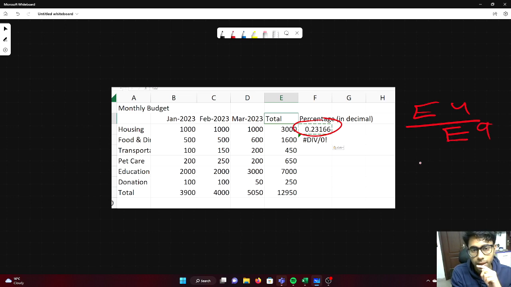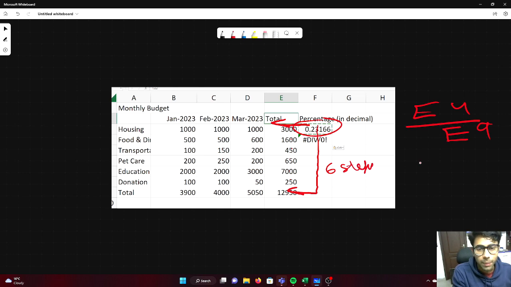So these were relative cell references. I was dividing this cell by a cell that is 1, 2, 3, 4, 5, 6 steps down.